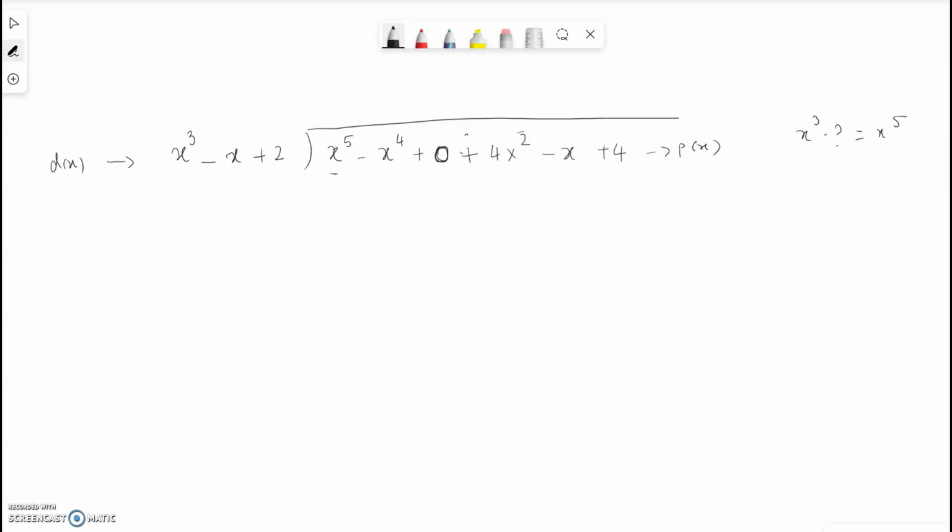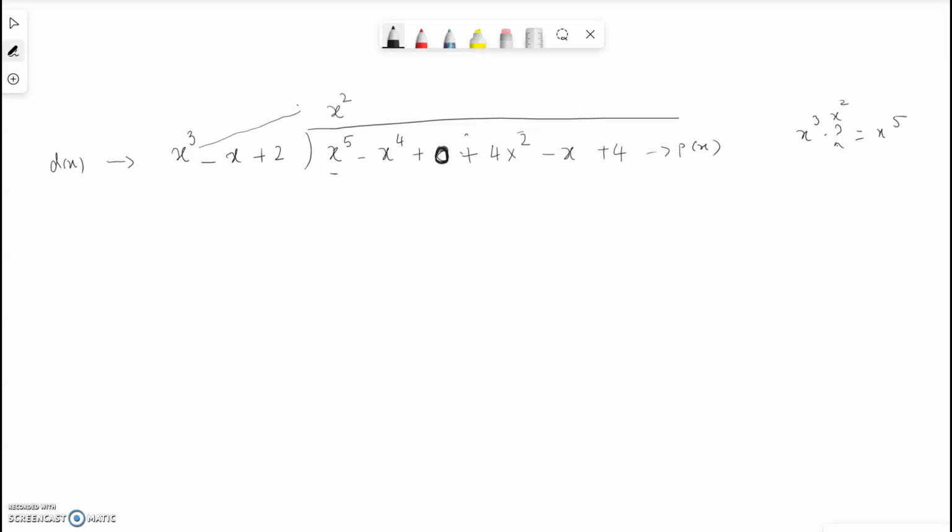So the x cubed term is missing, so we write a 0 just to remind ourselves that the x cubed is missing. Now x cubed times x to the second power is x to the fifth.